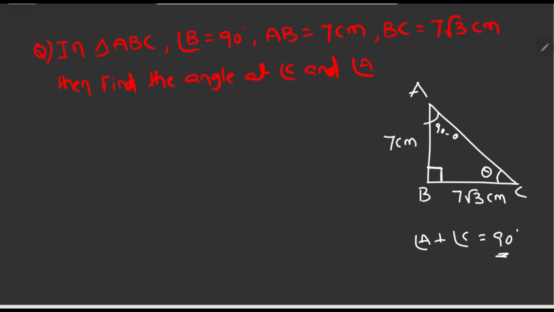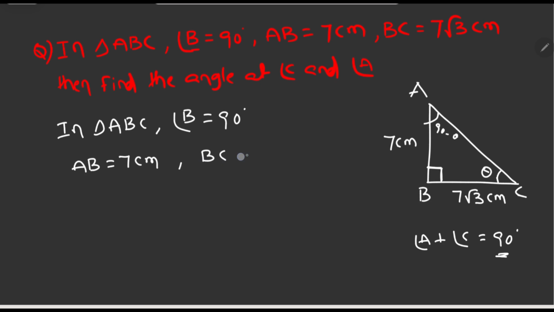Now what is given there in triangle ABC? In triangle ABC, angle B is equal to 90. Okay, AB is equal to 7 centimeter and BC is equal to 7 root 3.